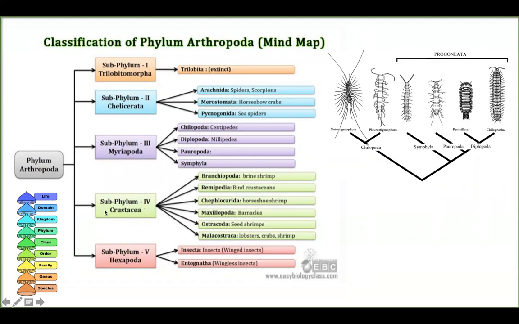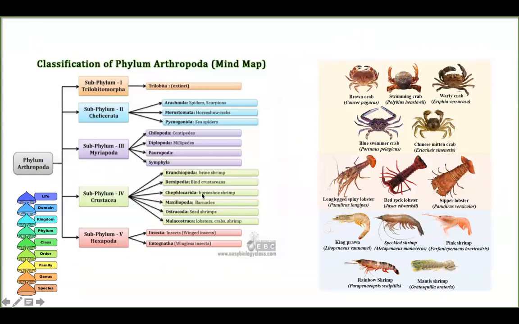Then another subphylum is Crustacea. Subphylum Crustacea has different classes. What are the classes? Branchiopoda, example brine shrimp. Then Remipedia, and Cephalocarida. These are all crustacean groups.